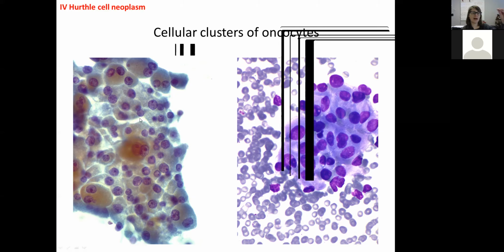Therefore, if we have the background cytoplasm and the background morphology of an oncocyte, we don't want to rush to thinking about it being cancer simply because of the nuclear irregularities, because they are allowed in oncocytes.